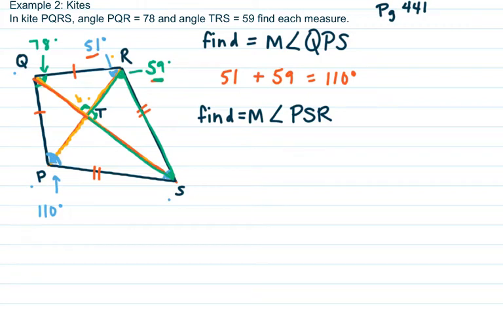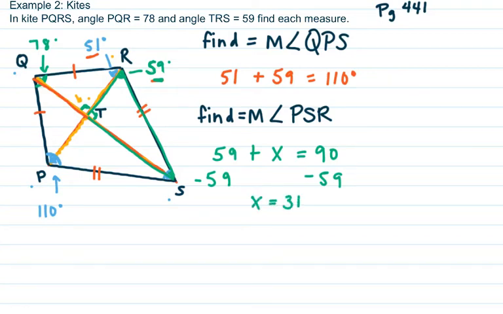So I will say, 59 plus something is equal to 90. So if I subtract 59 from both sides, I'm going to get a number that I don't know off the top of my head. 90 minus 59, that equals 31.